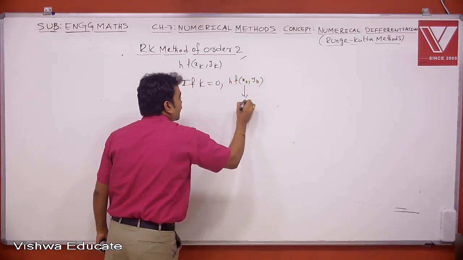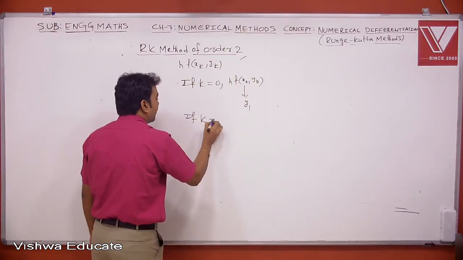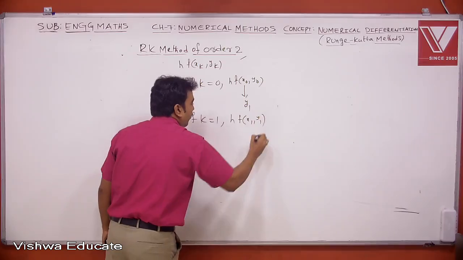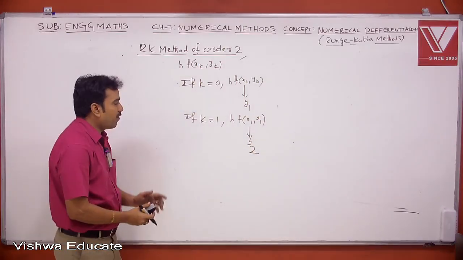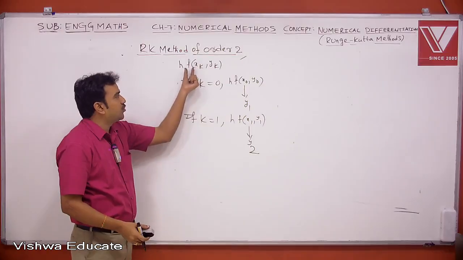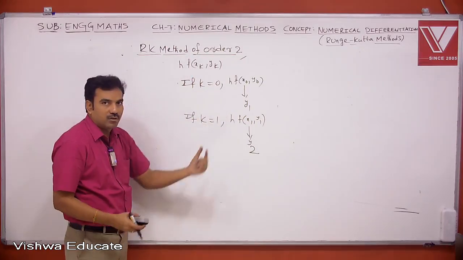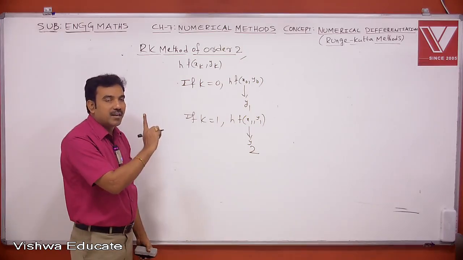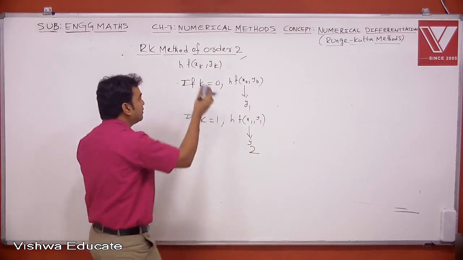Of course, this is required for y1. Suppose k equal to 1, then this quantity becomes h into f of x1 comma y1. In fact, this is required for y2. Therefore, for every iteration, we need to find h into f of xk comma yk, where k starts from 0 onwards, right? So we are evaluating a single value for every iteration. That's why the previous method is called RK method of order 1.